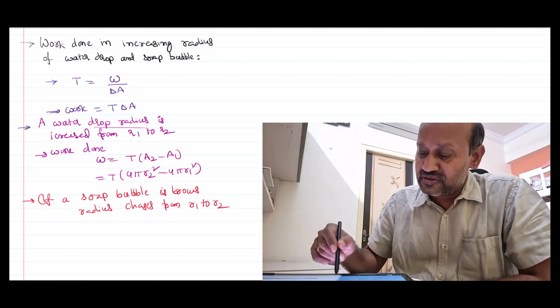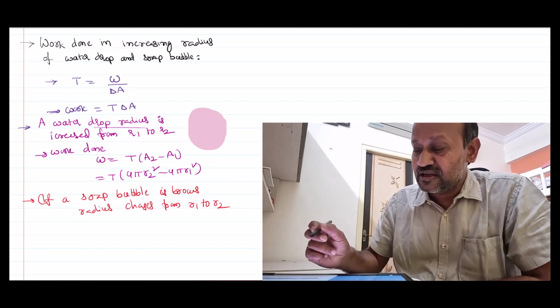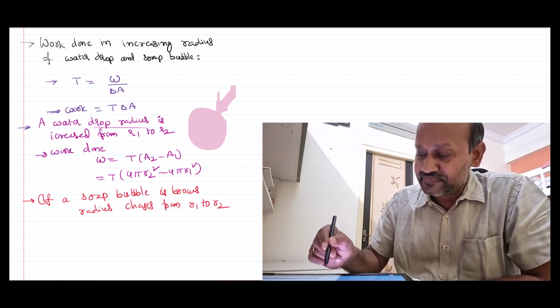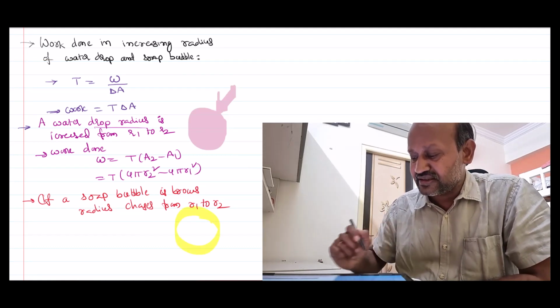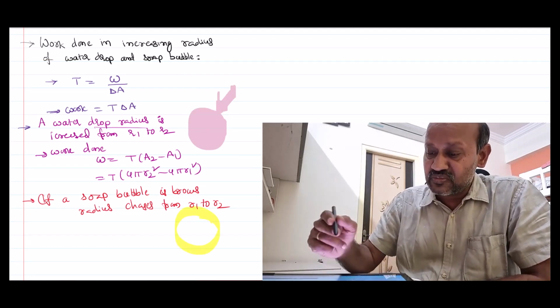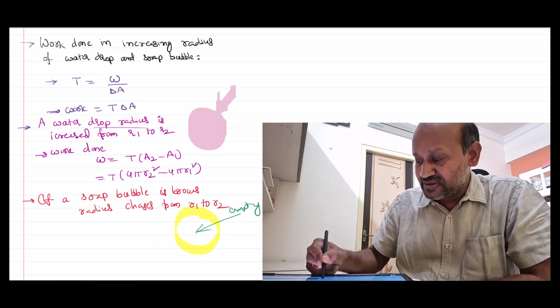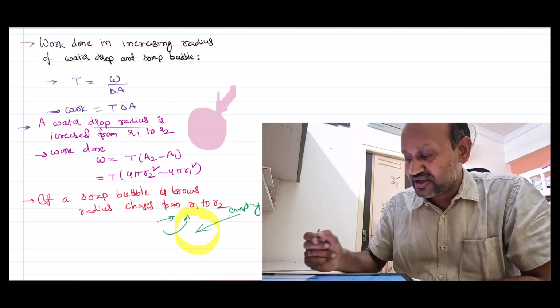How is a soap bubble different from a water drop? This is a water drop; its inside is full of water itself, so only the outer surface is free. But a soap bubble is empty inside, so the free surface is there inside as well as outside.